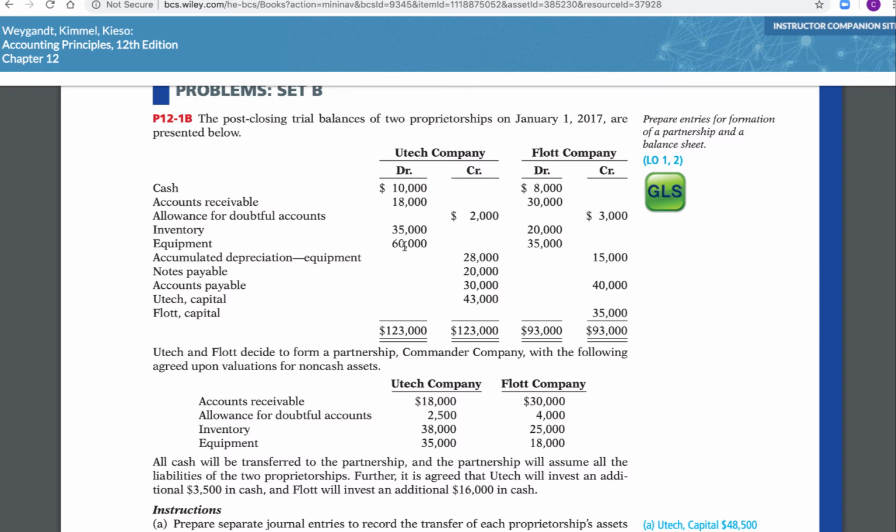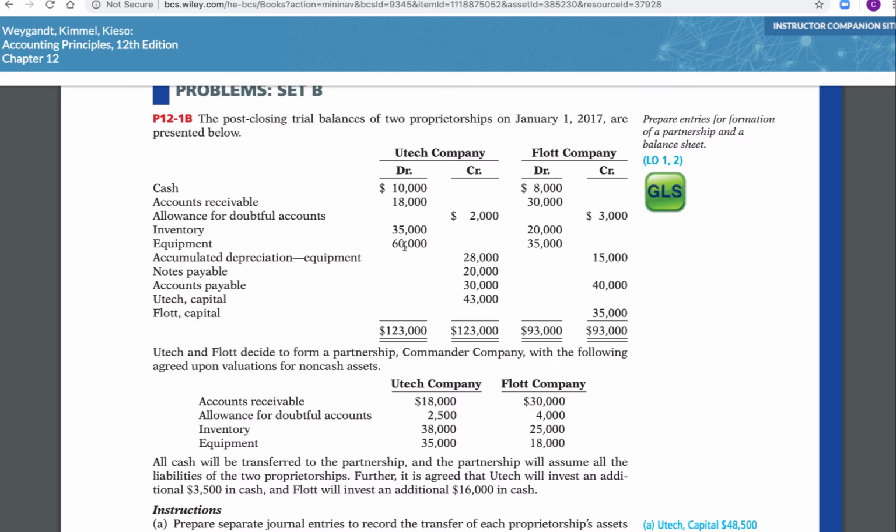They closed the proprietorship, took all the assets and put them into this new partnership. That's what we're doing. The fact that their inventory was valued at 35,000 doesn't mean anything to us. We want to know the value of that inventory the day that we establish this partnership.